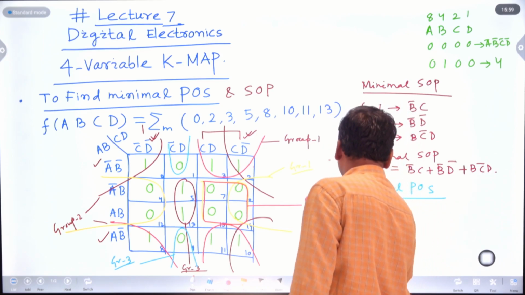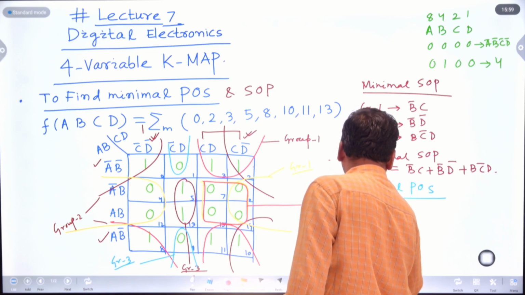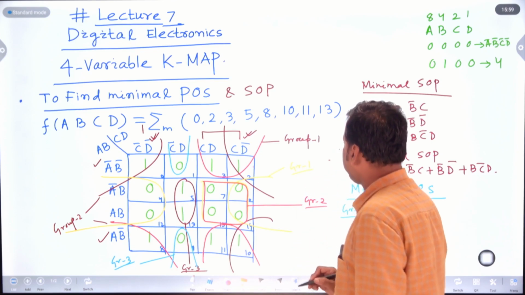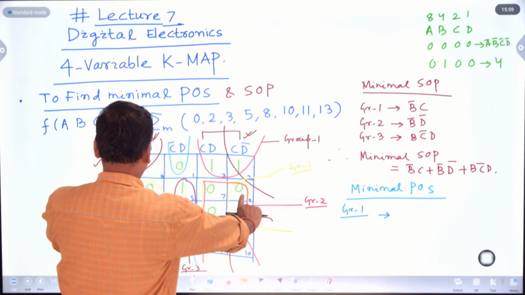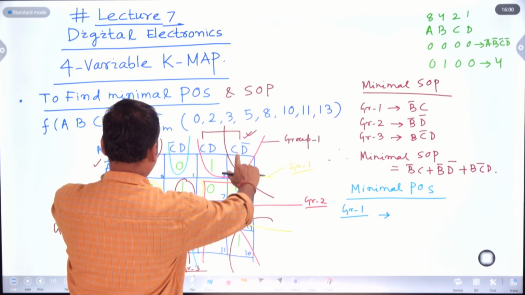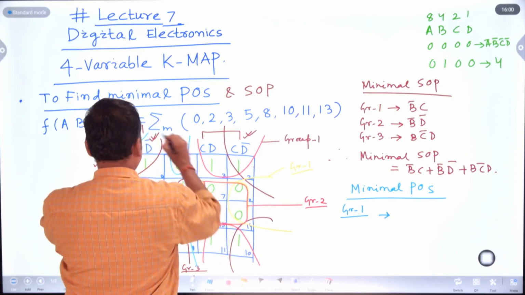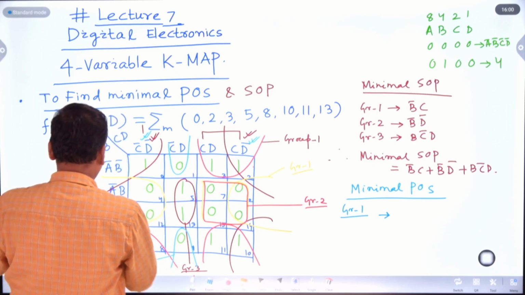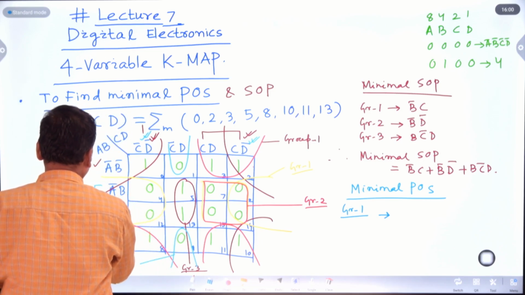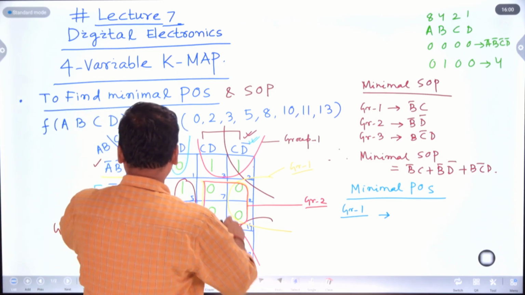The group 1. What have we got in group 1? Here, this is your group 1. The common here is D bar, and here the common is B. That is B D bar.